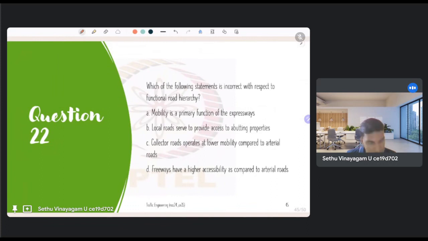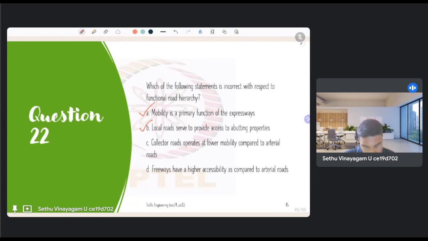So this is the same as the hierarchy that we saw earlier in the session, where we saw expressways and freeways have higher mobility and least accessibility. So mobility is the primary function for these facilities. So A is correct. B, local roads serve to provide access to abutting properties. This is also correct. This comes at the other extreme of this hierarchy, where accessibility is higher, where mobility is the least.